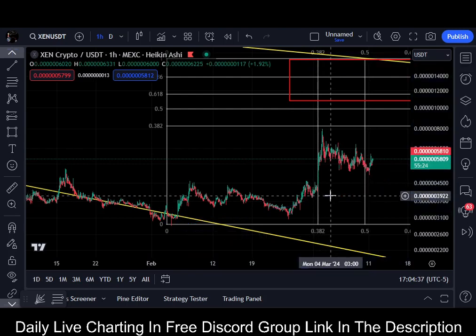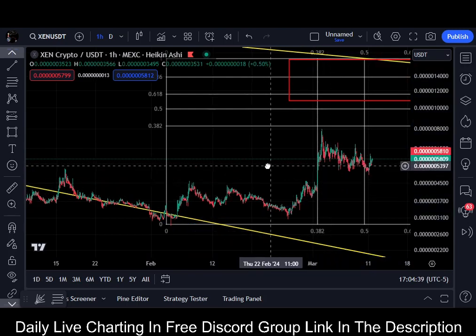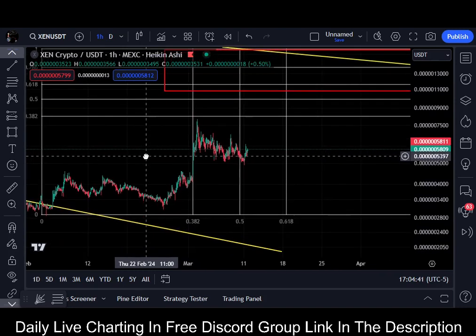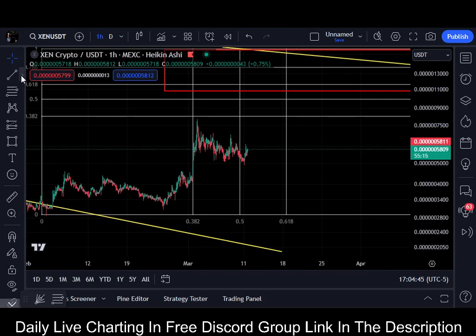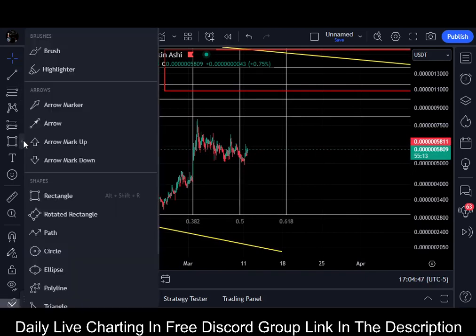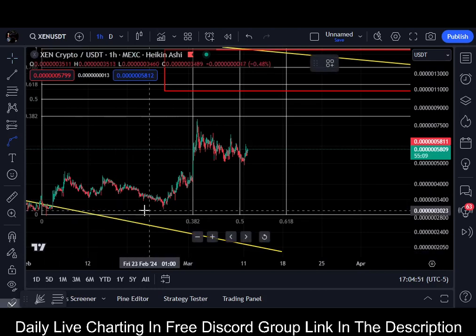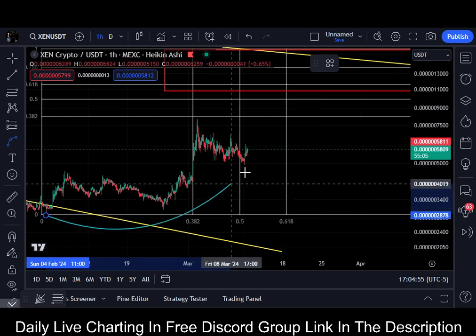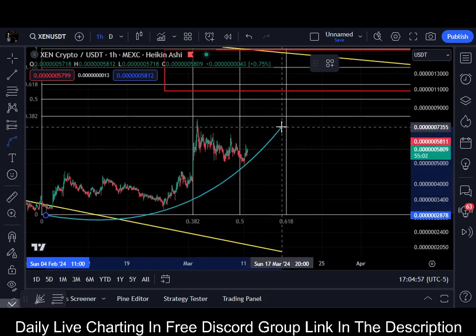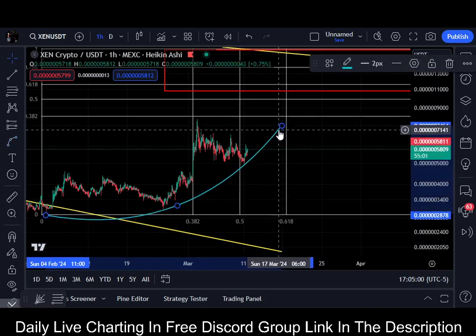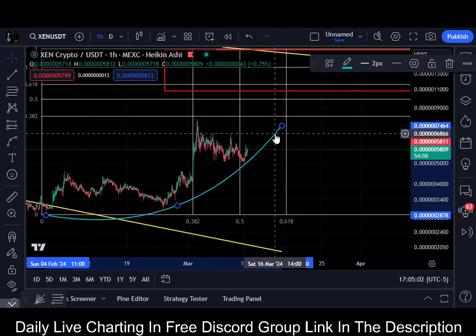This curve is not drawn very accurately. I suppose it's from the daily and we're down on the hourly. So let's put that curve in a little better there. There we go.